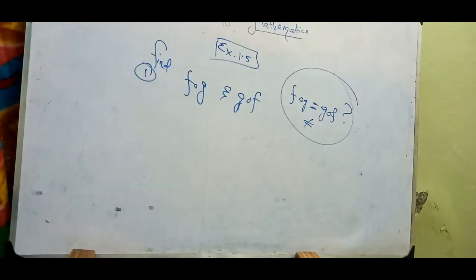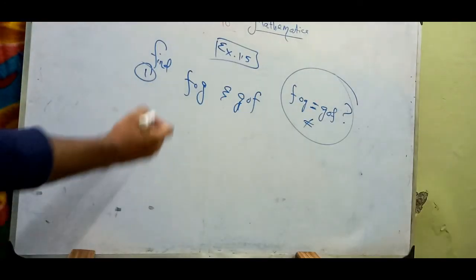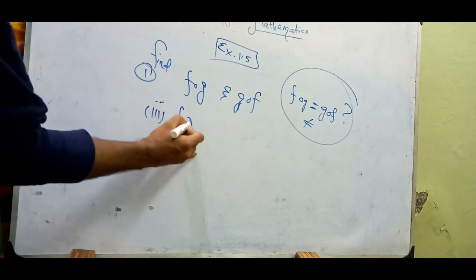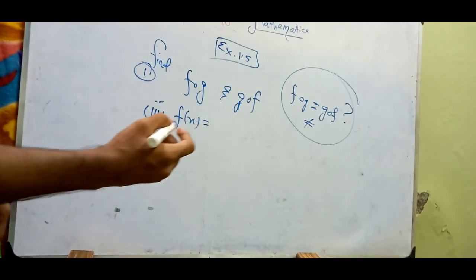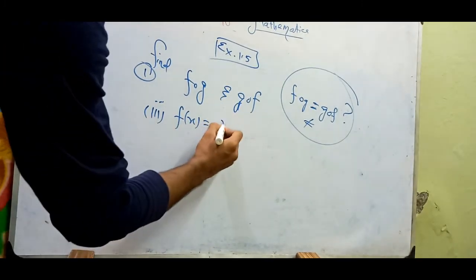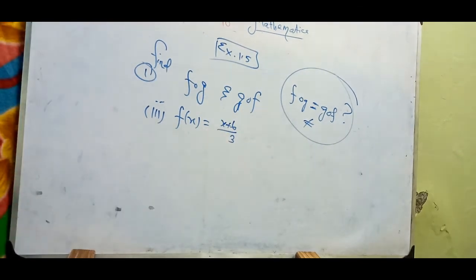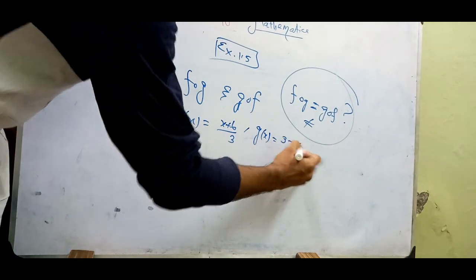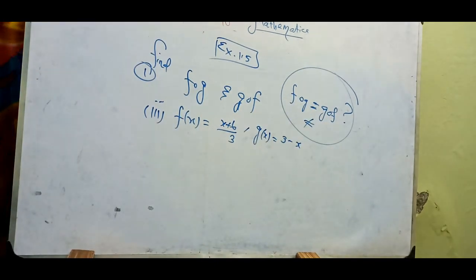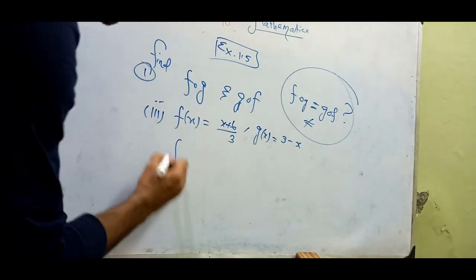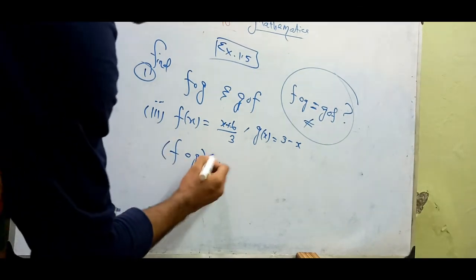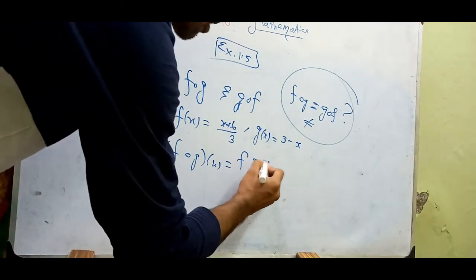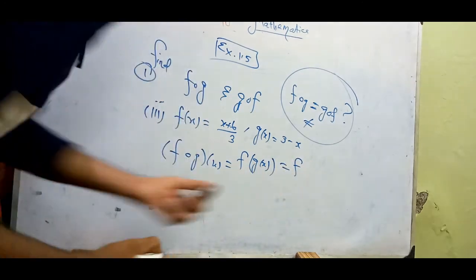For that I'm going to pick the third subdivision, and that is f of x equals (x plus 6) upon 3, g of x equals 3 minus x. Now let us see this. First, f compose g of x is nothing but f of g of x. So f of, what is g of x?